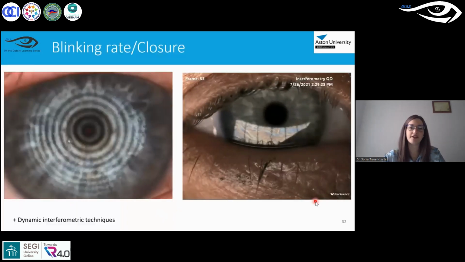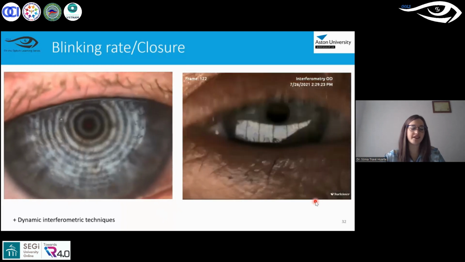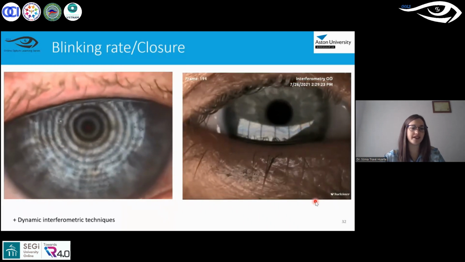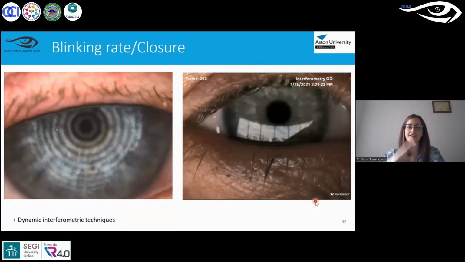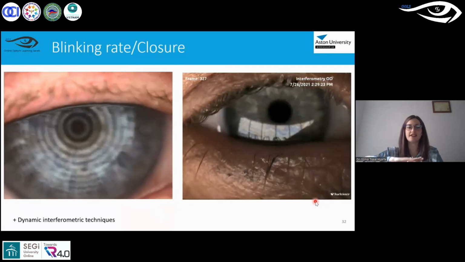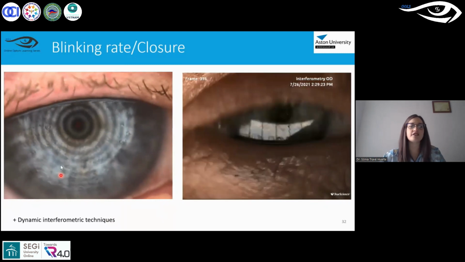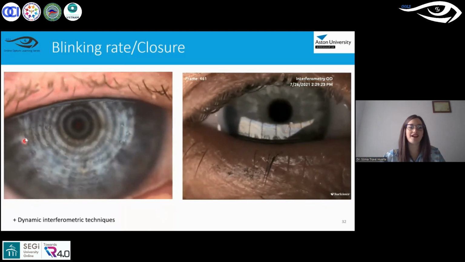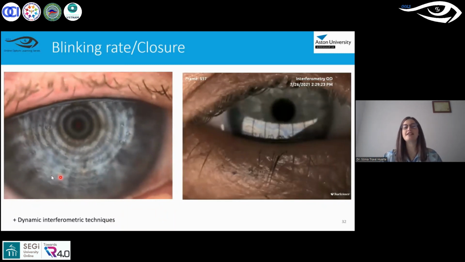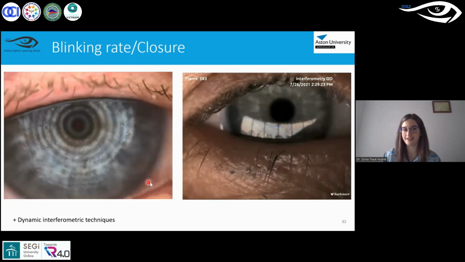In those two videos, on the right you have a person that does a full blink, and on the left a person that, when he blinks, as you can see, doesn't fully close the eyelids. And just looking at the Mires reflected there, you can see that there's already something going on.